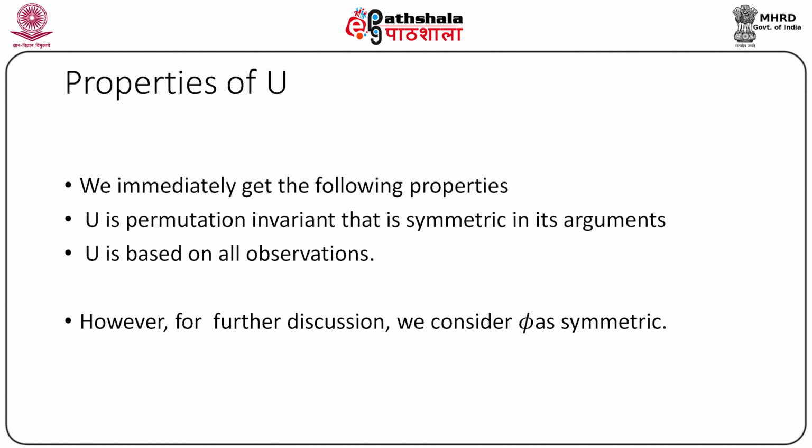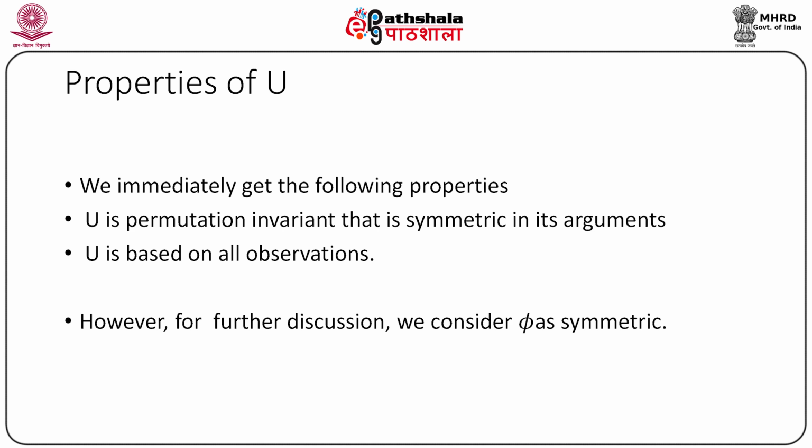So, for any kernel phi of degree k, the U-statistic is defined as n minus k factorial divided by k factorial into the summation of phi xi1, xi2, xik, where i1, i2, ik is a permutation of the integers 1 up to n. If phi is symmetric, then Un takes the form 1 by n choose k times the summation over phi xi1, xi2, xik.